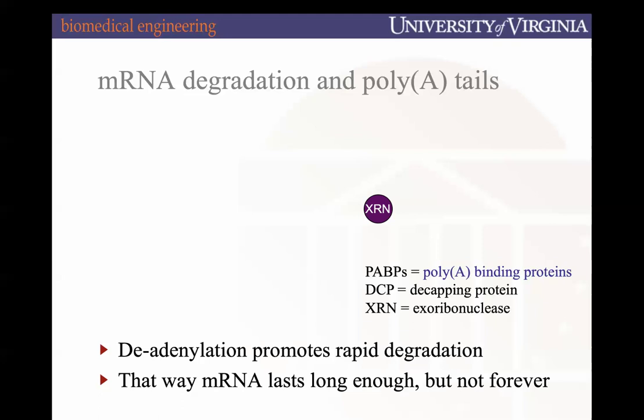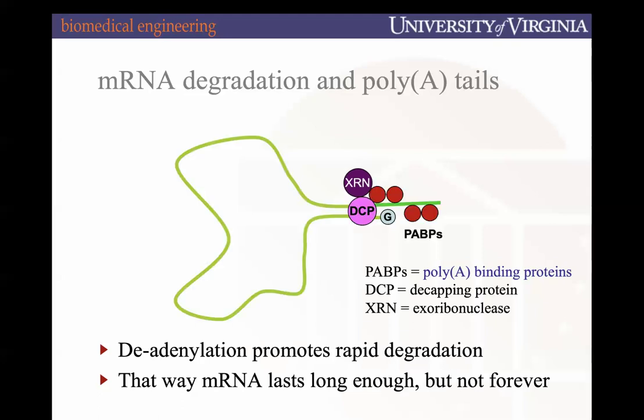Yeah, so let me go back to the beginning of this illustration. The poly-A binding proteins, their main function is to bind to the poly-A tail and help stabilize that end of the mRNA transcript. We have the 5' cap that helps protect the 5' end.